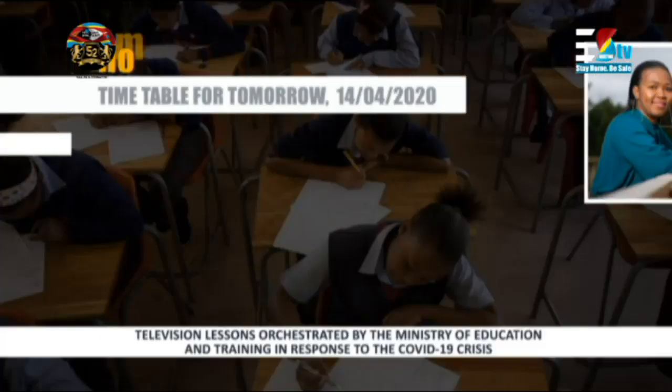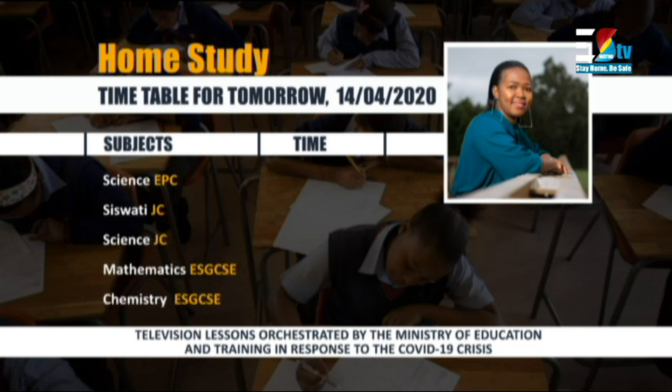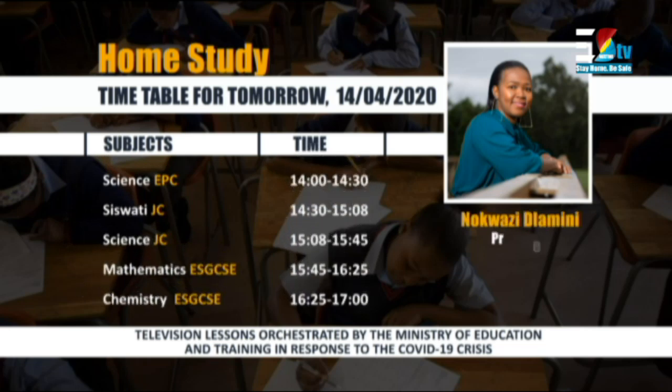Thank you very much. Please give us tomorrow's timetable. So tomorrow, brace yourselves. We'll start with science for grade 7, from 2 until 2:30 p.m. And then we have Eswatini from 2:30 p.m. until 3:08 p.m. Then we have science from 3:08 p.m. until 4:45.